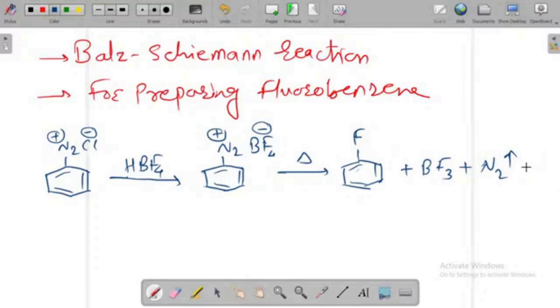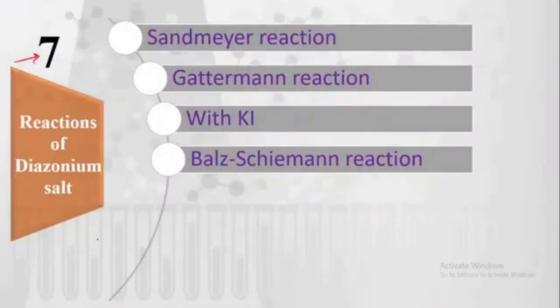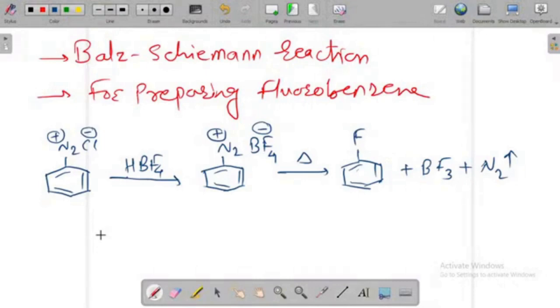This reaction is also called the Balz-Schiemann reaction for preparation of fluorobenzene. Now, we'll see the next reaction.